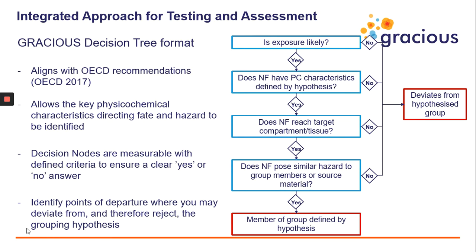The decision tree format highlights the critical questions to be answered in order to determine whether the grouping hypothesis is valid for the form under investigation. These critical points, referred to as decision nodes, are measurable with defined criteria to ensure a clear yes or no answer.